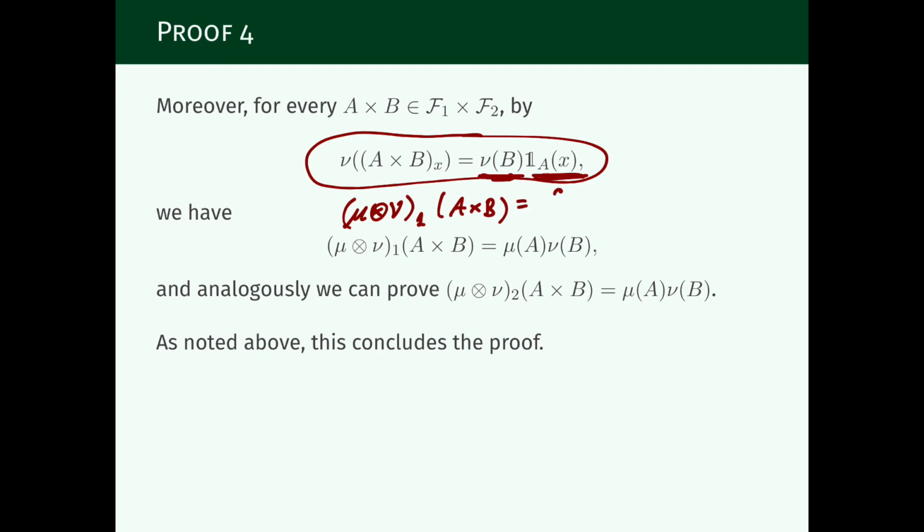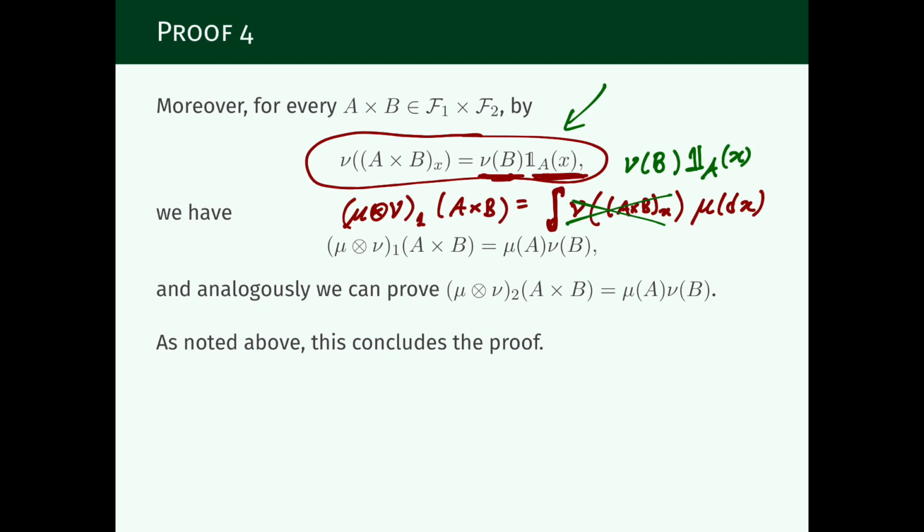By definition, this will be the integral of the measure nu of the section of A cross B at x, and then we integrate it with respect to the variable x. But now when we substitute, using this identity, this becomes nu of B times the indicator of A at x.